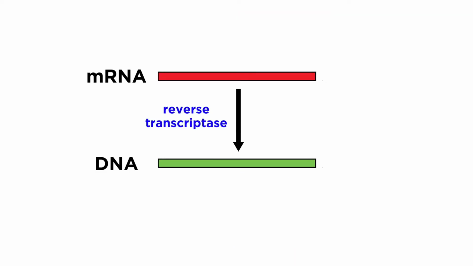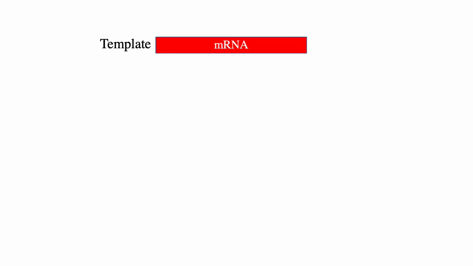Whenever we do this, reverse transcriptase will use the mRNAs as a template to generate a single-stranded DNA molecule that is the complement of the mRNA. As we recall, mRNAs have a poly A tail, or a number of adenine RNA bases in a row.